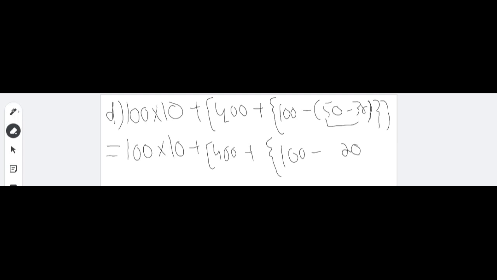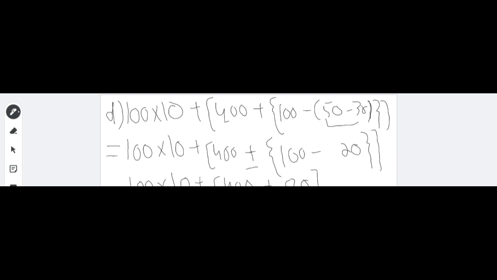I just have to put the curly and the square bracket, is it? Yes. Now after this, what do I have to do? Solve the curly bracket. Curly bracket 100 minus 20 is 80. Multiply by 10 plus square bracket, the answer is 80. Very good, 80. And we have to use the plus because of this sign.